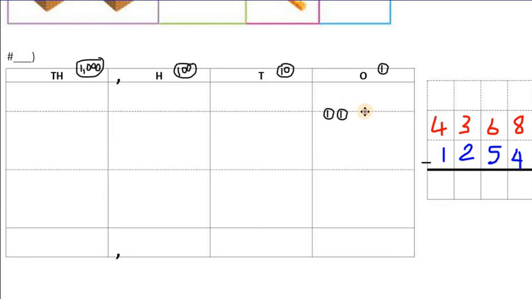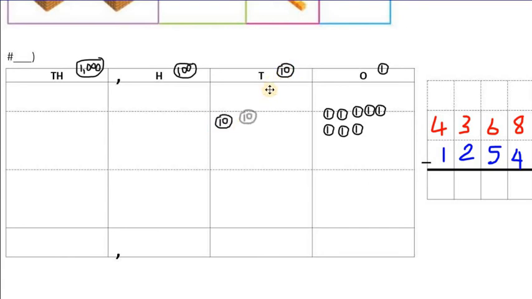1, 2, 3, 4, 5, 6, 7, 8. I need 6 tens. Remember, we start with the amount that is at the top, the bigger number. In this case, it's the number on top of the math problem.